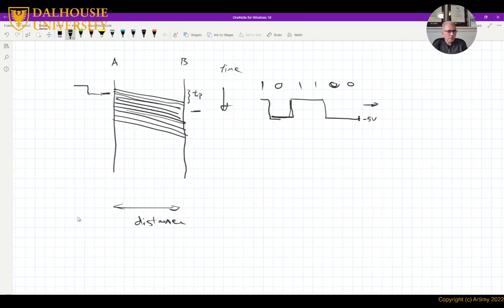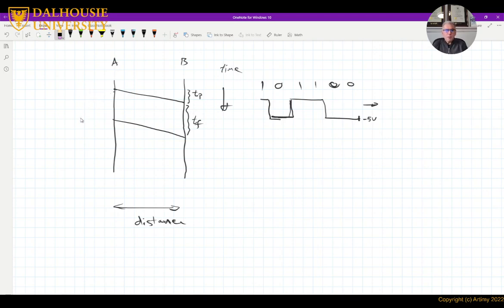So each one of these lines represents one bit being transmitted. Instead of drawing lines for each bit, we usually just draw a line from the beginning of the first bit until the end of the last bit. And this time we'll call TF, the frame transmission time, right?